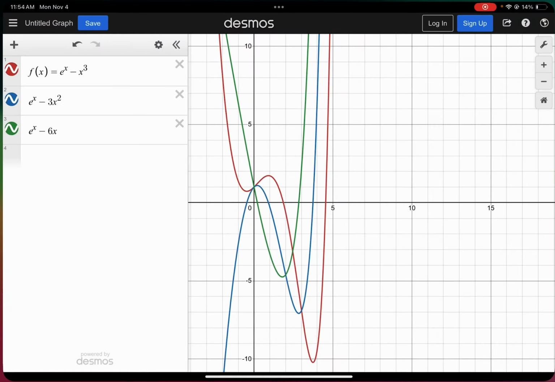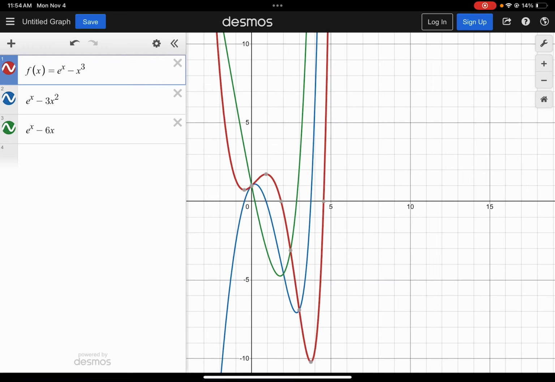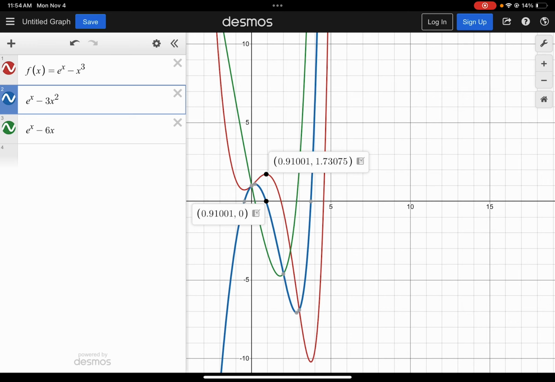And if we go over to our old buddy Desmos and plug them all in, it looks like that, where I have a peak here, it looks like I have a 0 here. So those derivatives match up, yes?